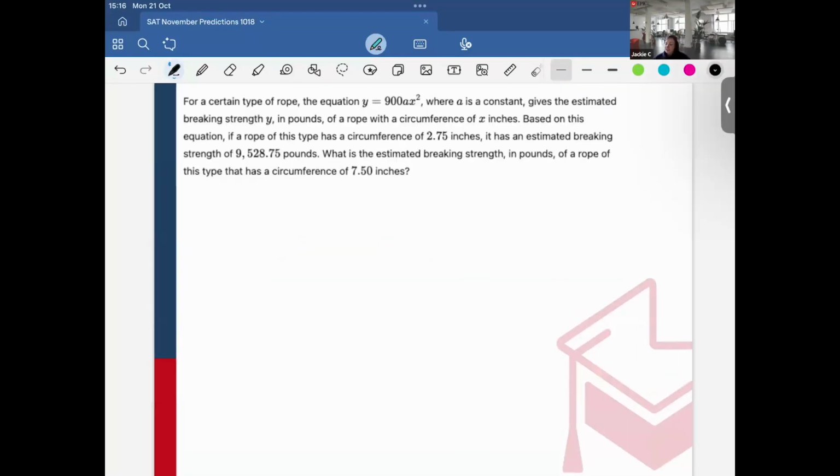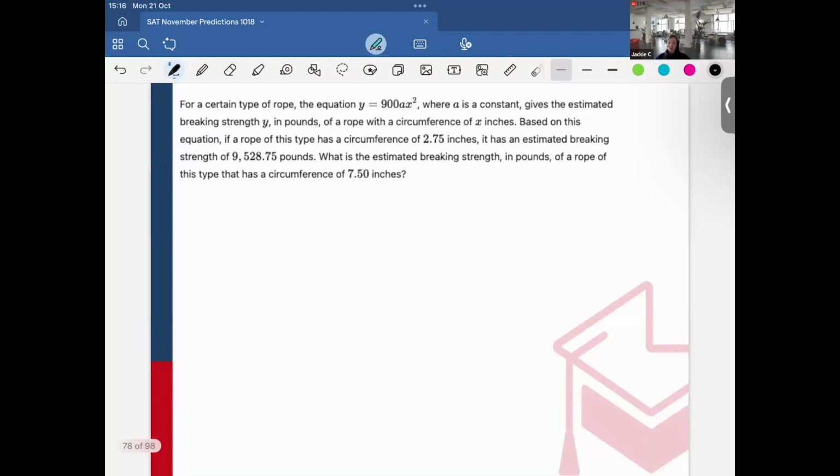Okay, so let's see. For a certain type of rope, the equation y equals 900 a x squared, where a is a constant, gives the estimated breaking strength y in pounds of a rope with a circumference of x inches. Based on this equation, if a rope of this type has a circumference of 2.75 inches, it has an estimated breaking strength of 9,528.75 pounds.